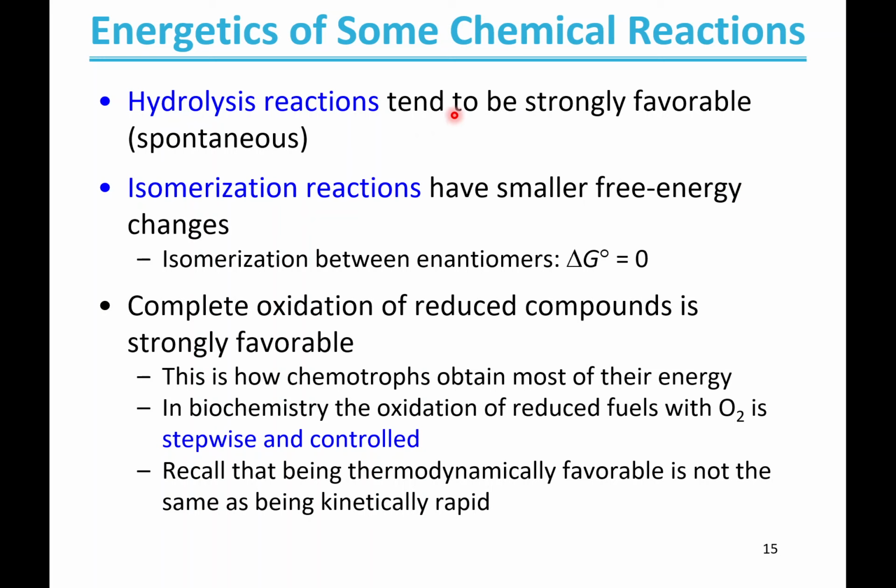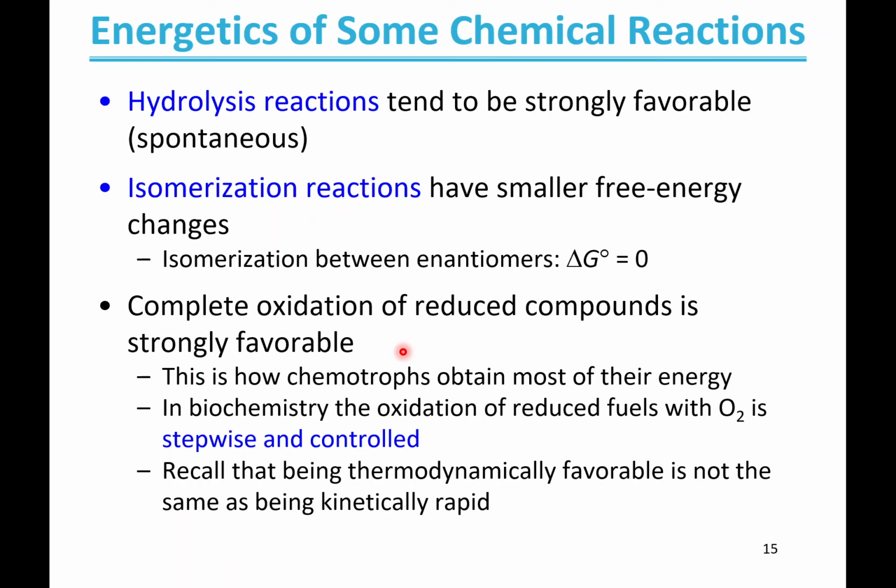Hydrolysis reactions tend to be strongly favorable or spontaneous by themselves. Isomerization reactions, on the other hand, just rearrange the same atoms in a molecule. They have smaller free energy changes, so their delta G naught prime values tend to be closer to zero.